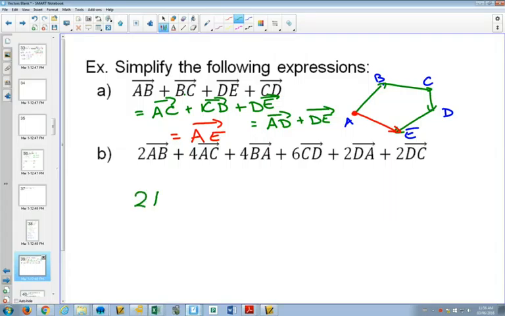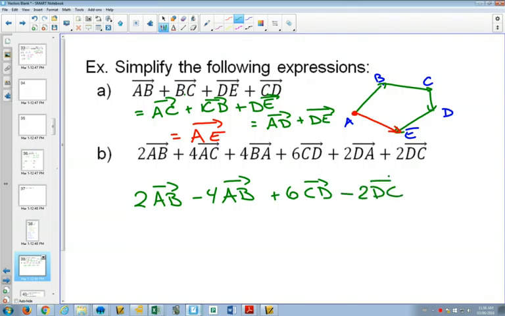Does it make sense that my b to a's are the same as negative 4a to b's? And my c to d's and my 2d to c's, I could make negative 2c to d's.